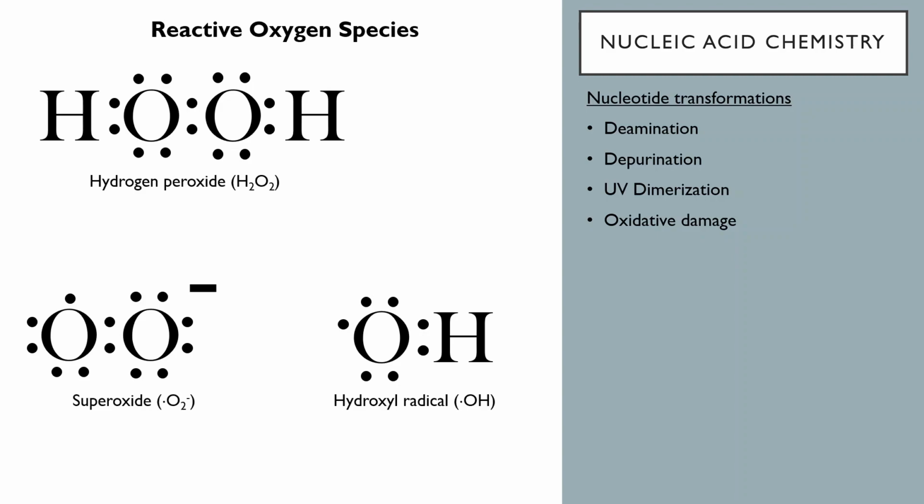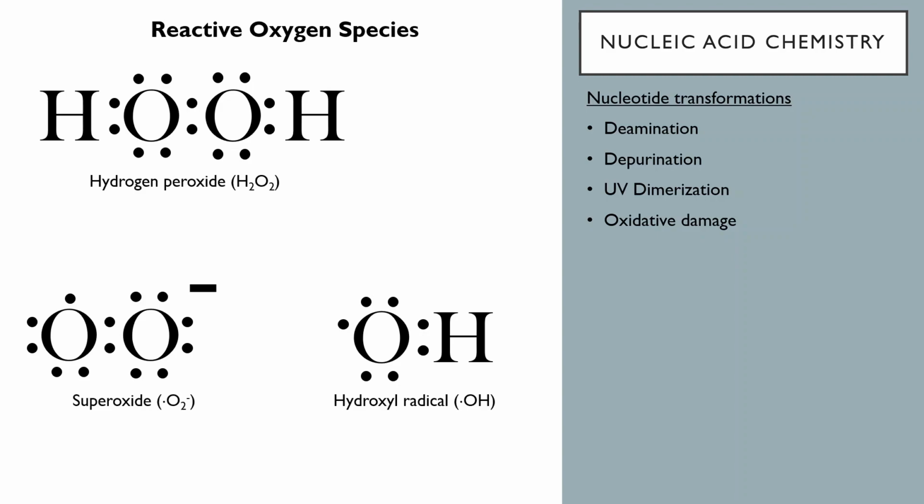So these reactive oxygen species, like hydrogen peroxide, or various oxygen radicals, like superoxide radical or hydroxyl radical. You probably know from chemistry, a radical is something that has an unpaired electron.